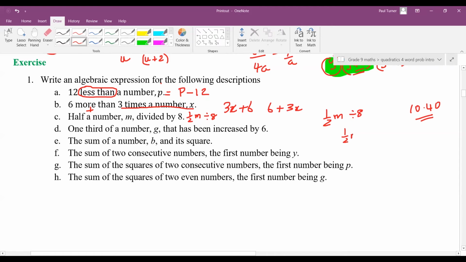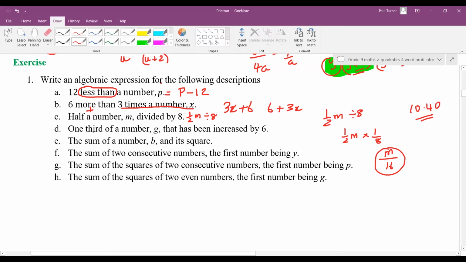You'd write half M times 1 on 8. Remember from like grade 6, when you change a division to multiply, we'll flip this fraction over here. So you'll get 1 on, well, M on 16 actually. We'll put M on the top because M is actually on the top here. So M on 16 is also okay for that one there.